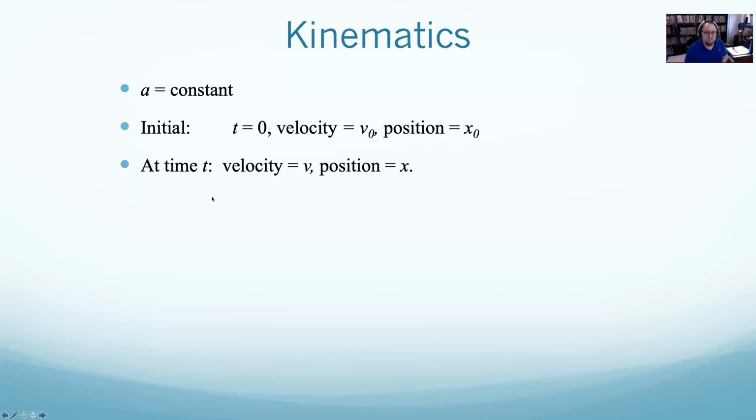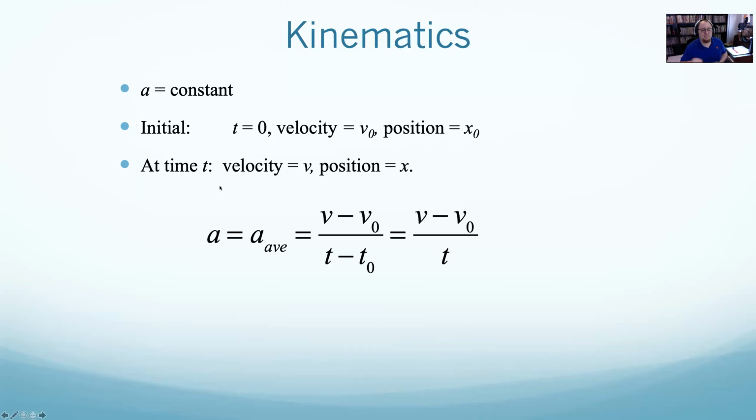So that means average acceleration in this notation is v minus v naught divided by t minus t naught, but t naught is 0. So it's just v minus v naught over t. But if your acceleration is constant, your instantaneous acceleration is the same as your average acceleration. So that means acceleration is v minus v naught over t.